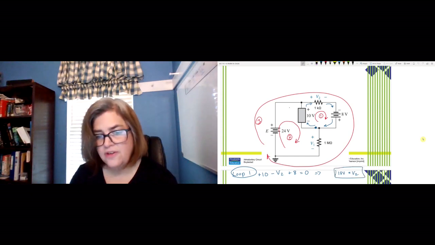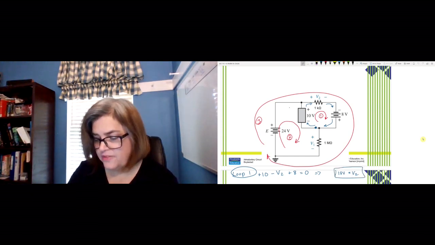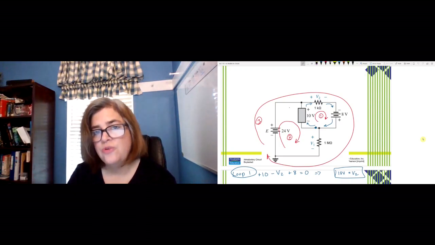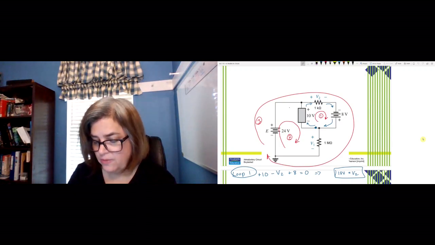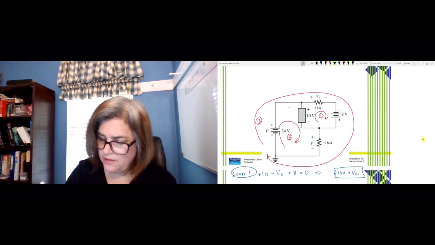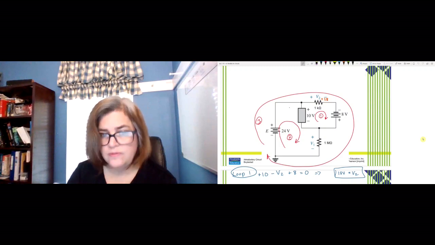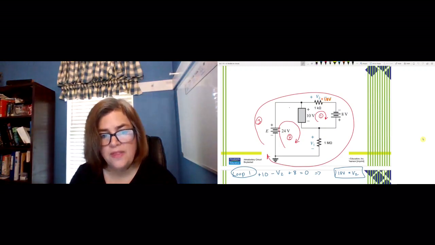Now there's an important thing to note here. That's a positive 18 volts. So what that means is we chose the direction correctly when we put in the plus and the minus for V2. Okay, so I'm going to write in the fact that this is 18 volts, and just keep that there.